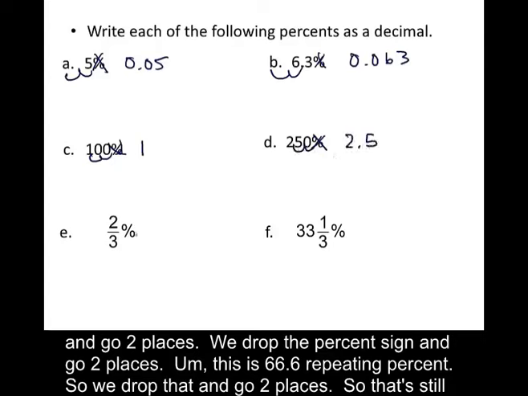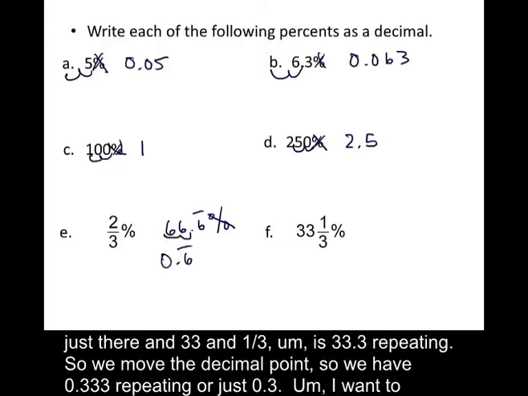This is 66.6 repeating percent, so we drop that and go 2 places. And 33 1/3 is 33.3 repeating, so we move the decimal point, so we have 0.333 repeating, or just 0.3 repeating.